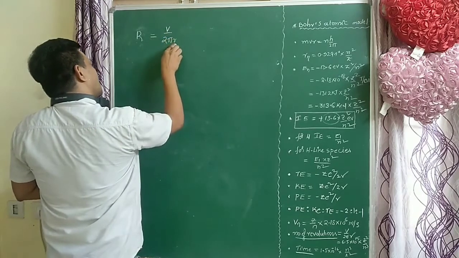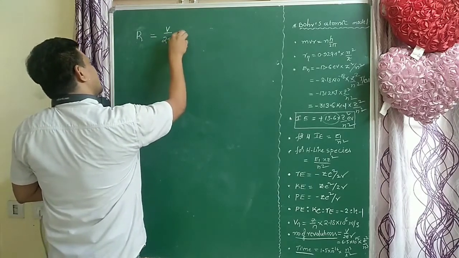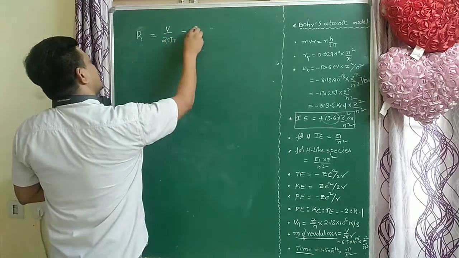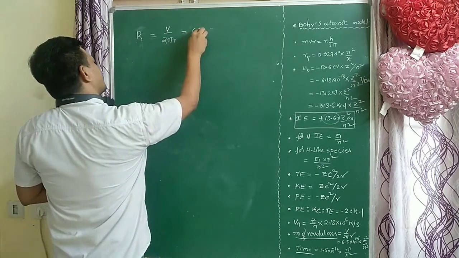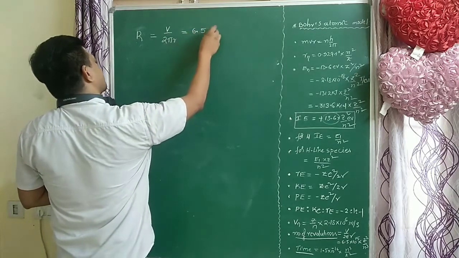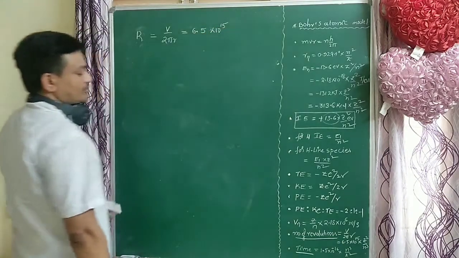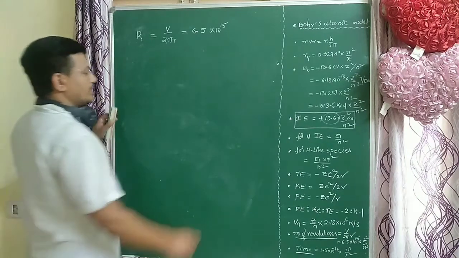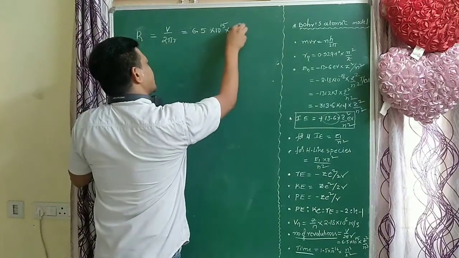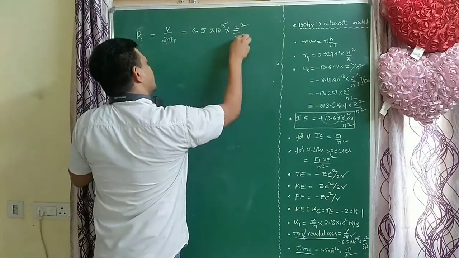You know the r value, you know the velocity, so easily calculate using that relation. It equals 6.6 into 10 power 15 into z square by n cube.